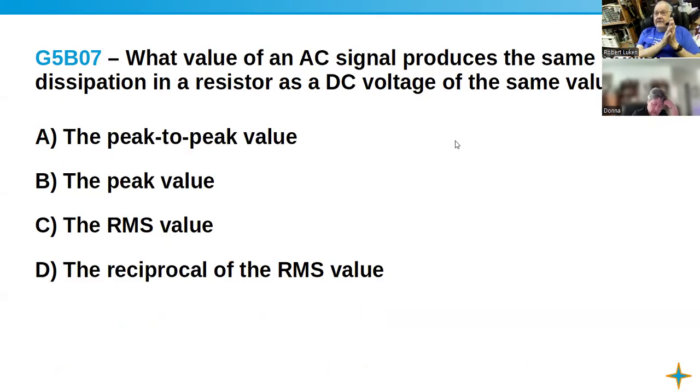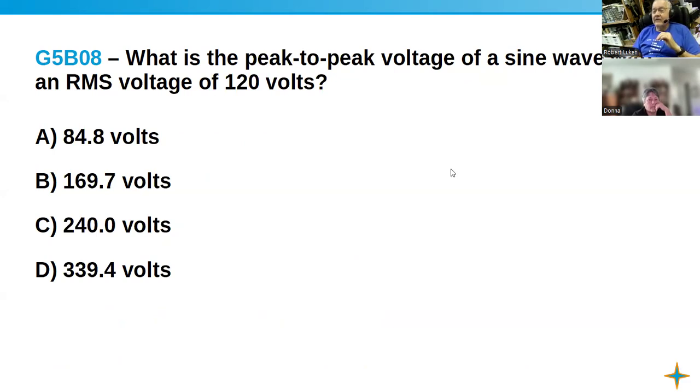What value of an AC signal produces the same power dissipation in a resistor as a DC voltage of the same value? That's the RMS, Charlie. That's what you've been saying. If I say it often enough, you'll remember. What is the peak to peak voltage of a sine wave with an RMS voltage of 120 volts? Now you have to do it backwards.